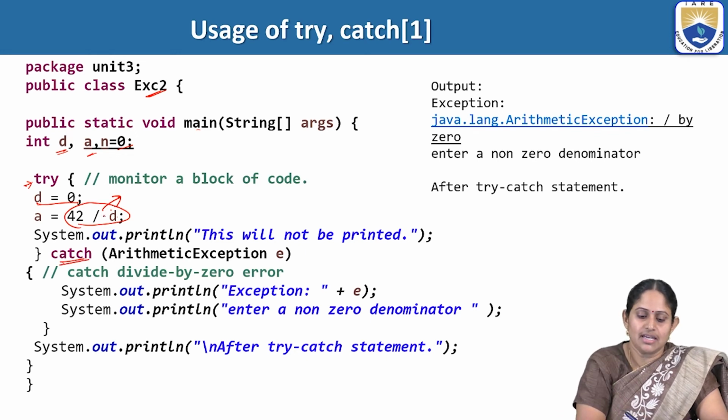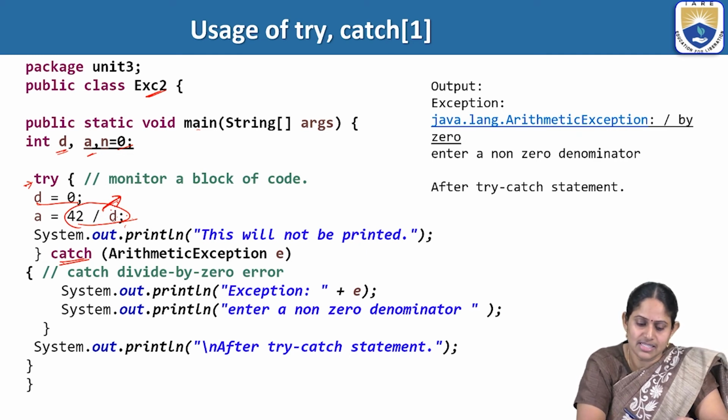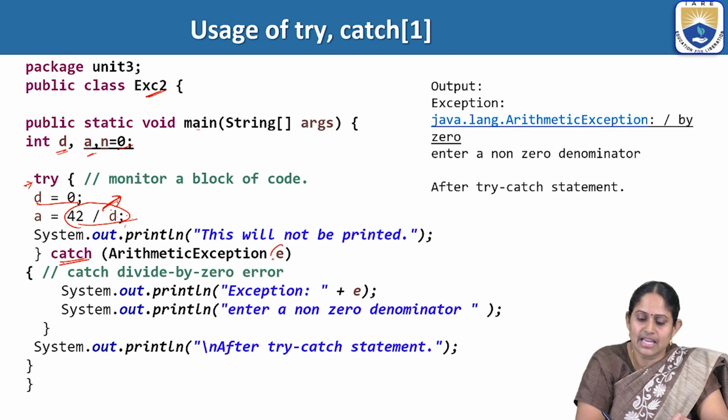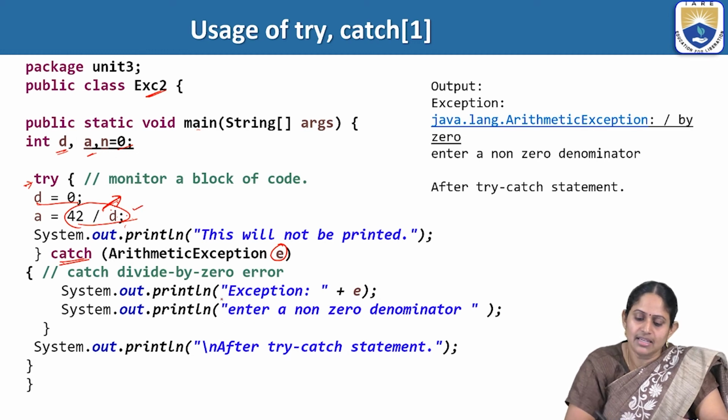When this exception object is thrown, whatever statements follow this line will not be executed. Inside the catch block, we catch the exception object which is thrown at that point. At this point, it is caught into the exception object E, and then we provide some mechanisms for handling.